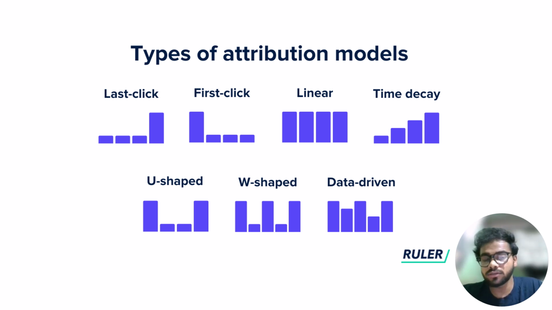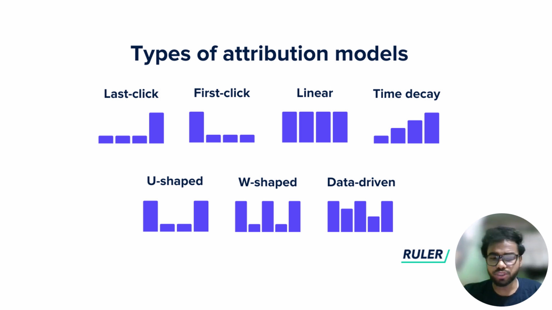In a linear one, as I told you previously, if we had 4 touch points before a purchase on the website, it gives 25%, 25%, 25%, and 25% to each and every touch point. And in time decay, the pre-conversion touch gets more, and the other touch points receive the rest in descending order.